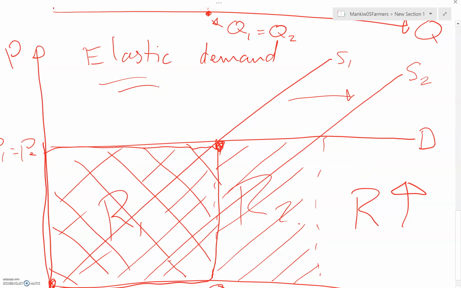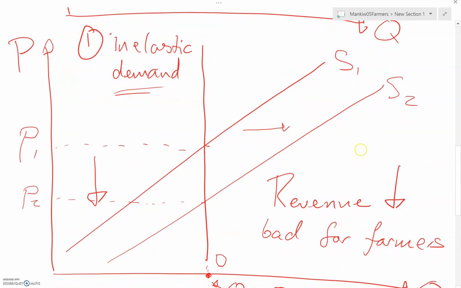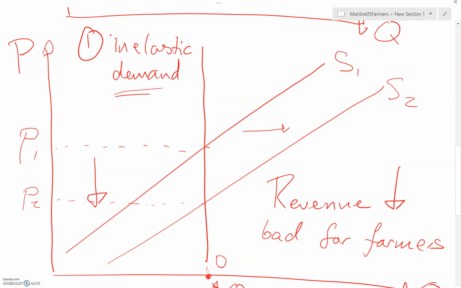So we could have a situation where all farmers adopt this technology and they're worse off because consumers aren't going to buy more. They're going to buy the same amount, and because we have a supply curve that is below the original one, suppliers are going to receive less revenue.